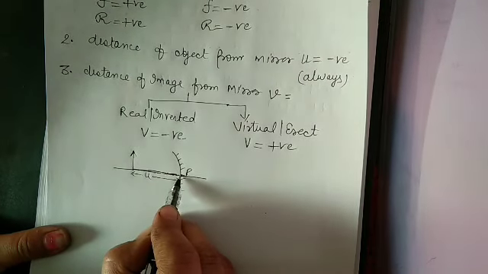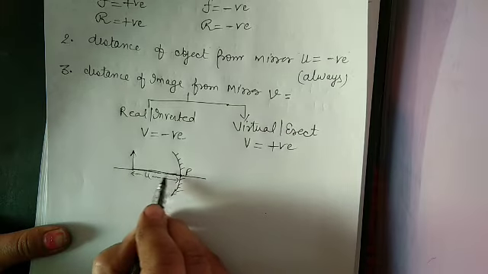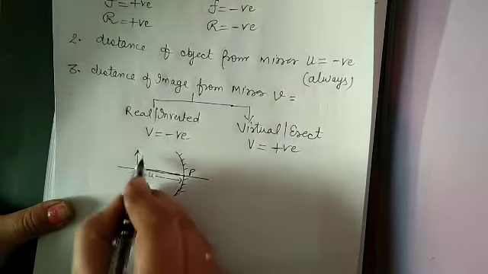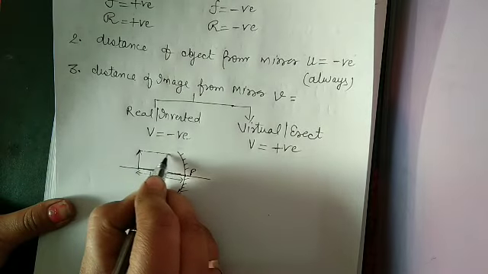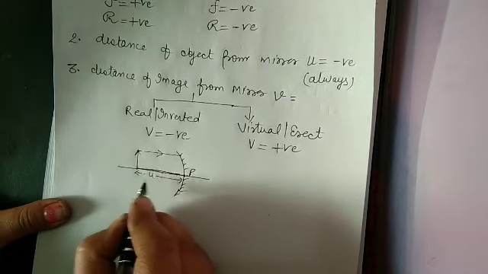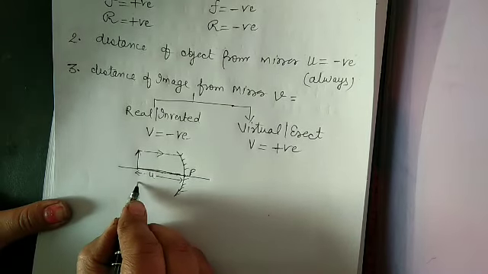So when we move from pole towards the object, we are moving in the opposite direction, because light will be incident in this way, and in the opposite direction U is taken to be negative.